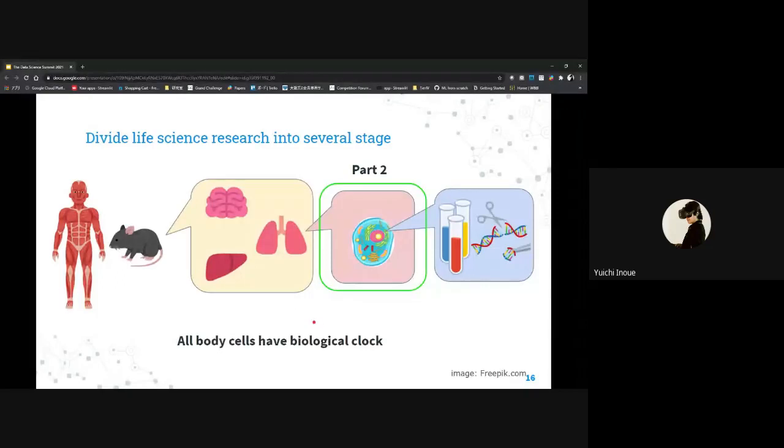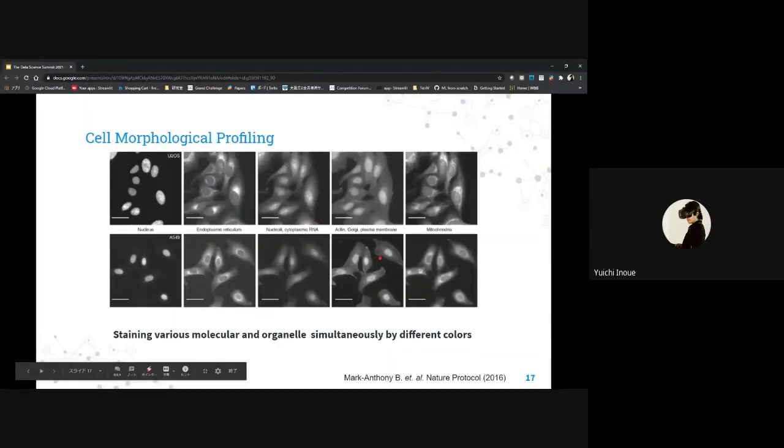Next, let's talk about the cellular level. Today, I would like to introduce cell morphology profiling. This is a study of cell morphology by staining some of the cell parts, organelles, with different colors and imaging them. For example, nuclei are blue, mitochondria are red.